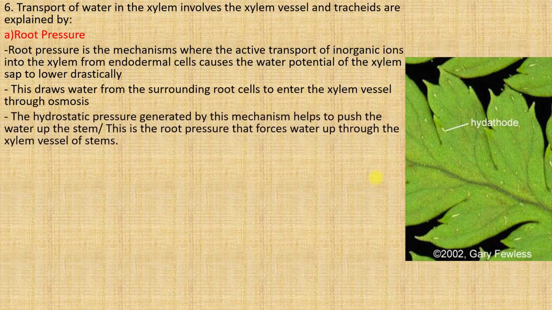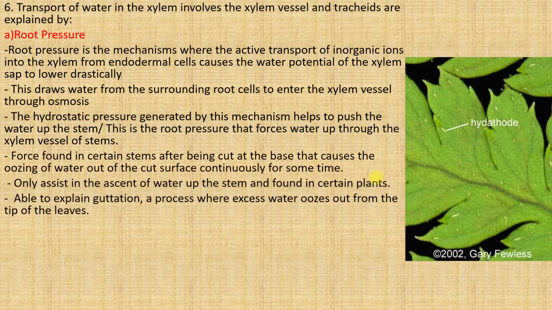And then the hydrostatic pressure generated by this mechanism helps to push the water up the stem. Inside the stem we have the xylem. This is the root pressure that forces water up through the xylem vessels of stems. So the force, found in certain stems after being cut at the base, causes the oozing of water out of the cut surface continuously for some time.